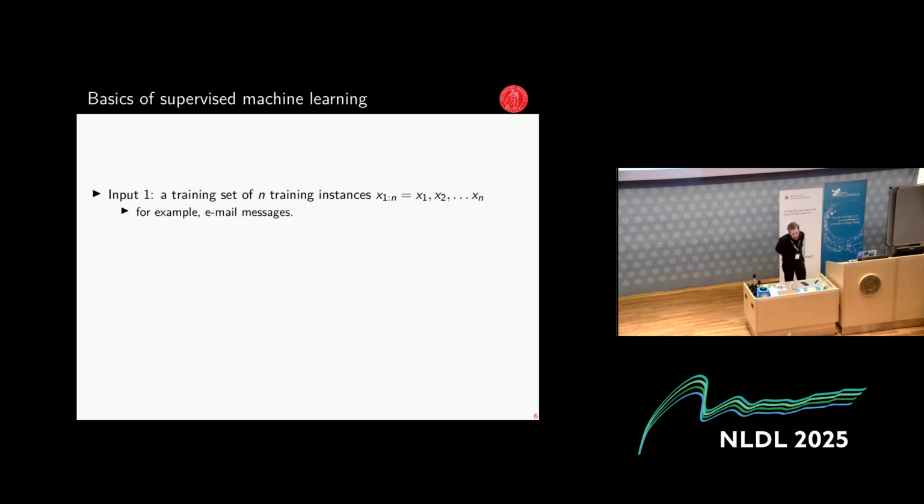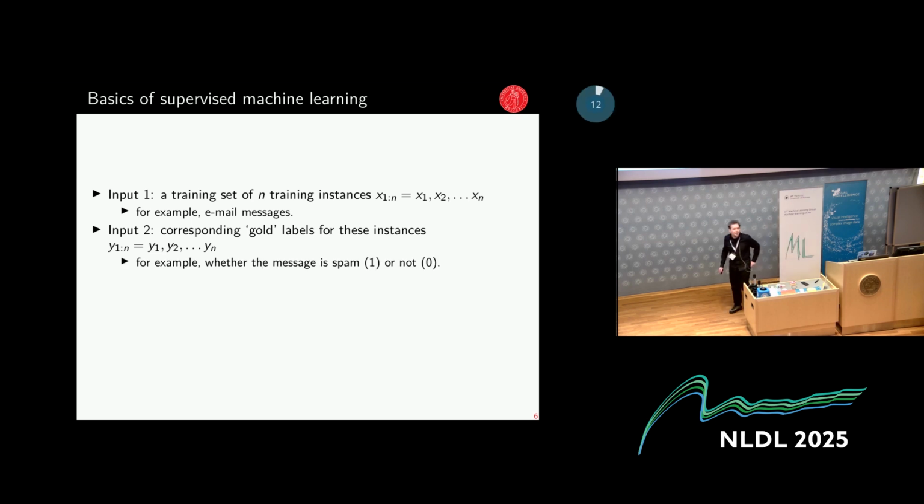in the first tutorial today, a task of spam detection has already been mentioned, so let's just talk about this task, for example. Right, so we have email messages as the input instances, and then we have some corresponding gold labels for every message, for every instance. For example, whether this particular email message is spam or not, right?